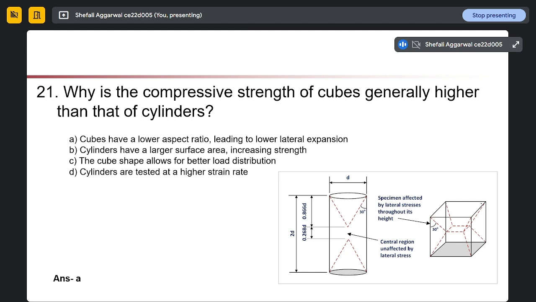So alkali silica reaction is because of excessive silica present in aggregates.